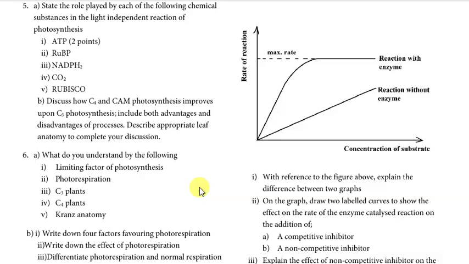For CAM, discuss the temporary separation of carbon dioxide. How carbon dioxide in the form of malic acid is transported to the vacuole during the night, and how it is later transported to the chloroplast during the day.